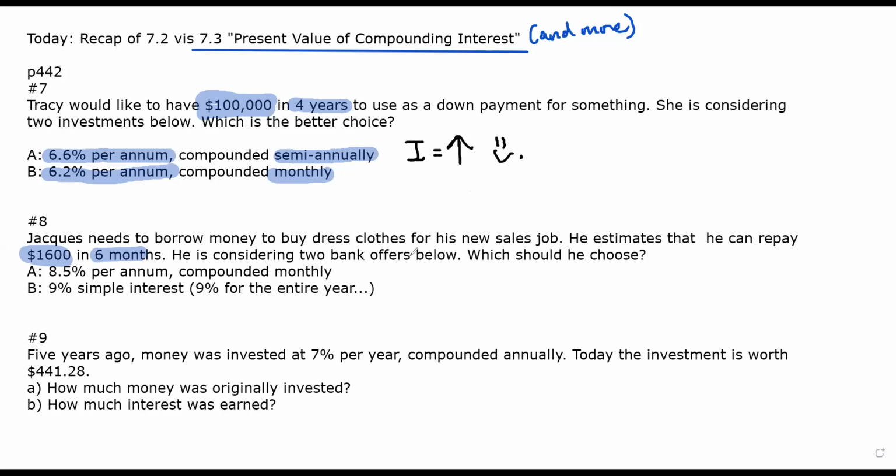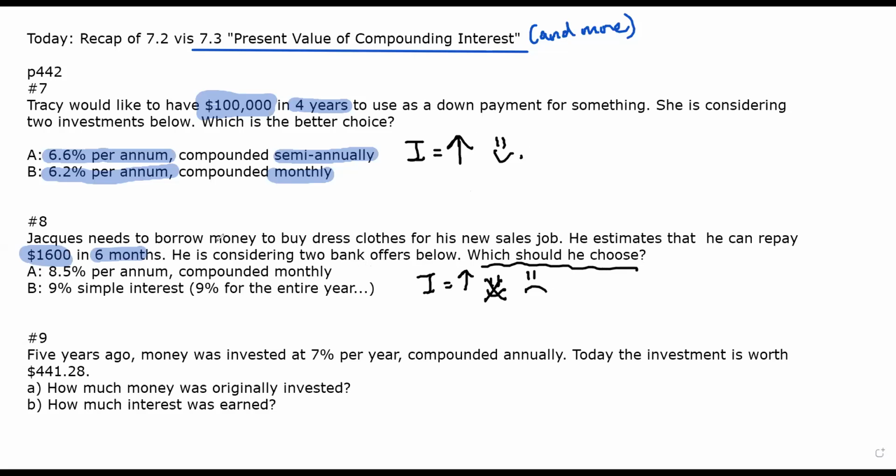In this case, we don't want the interest to be high, because if the interest is high, we have to pay more. So when I say which is the better choice, we're looking at the one where it costs me less.